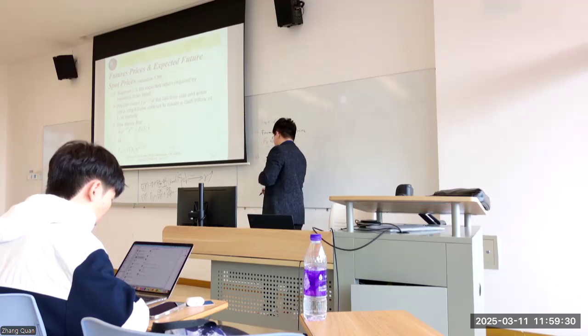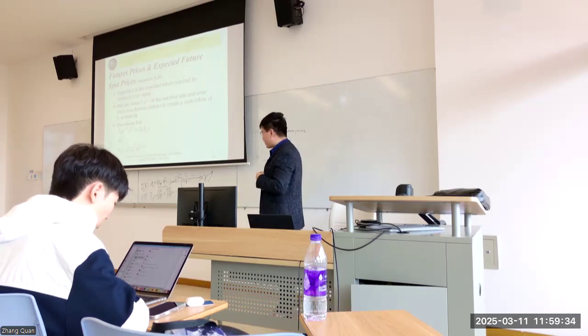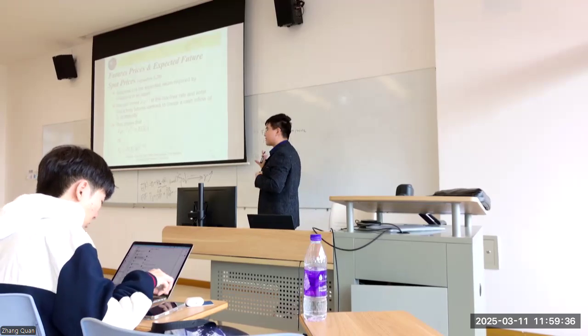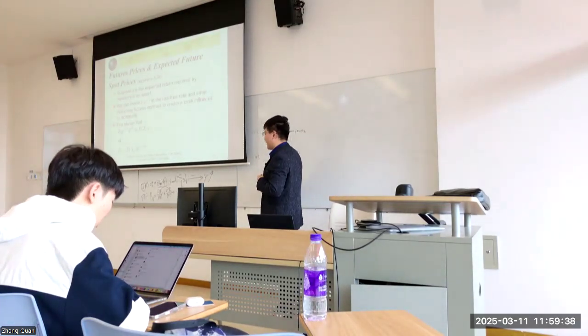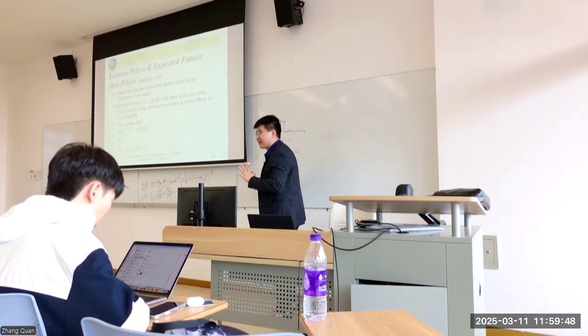But practically, this formula is not that helpful for us. We only know that currently, according to the spot price, the future price should be like this. But it's not really practical for us to arbitrage if the future price deviates from this F0.